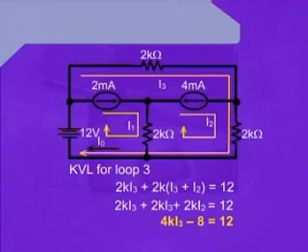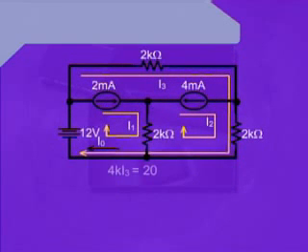Further simplifying, we can write 4k I3 minus 8 is equal to 12. This we have obtained after putting the value of I2 into the equation. Therefore, we are left with 4k I3 is equal to 20, or I3 is equal to 5 milliamperes.